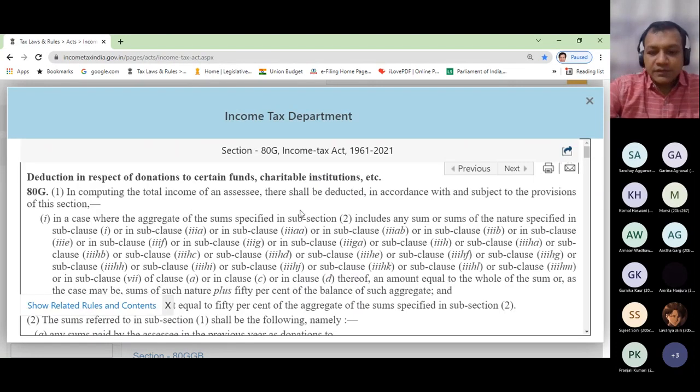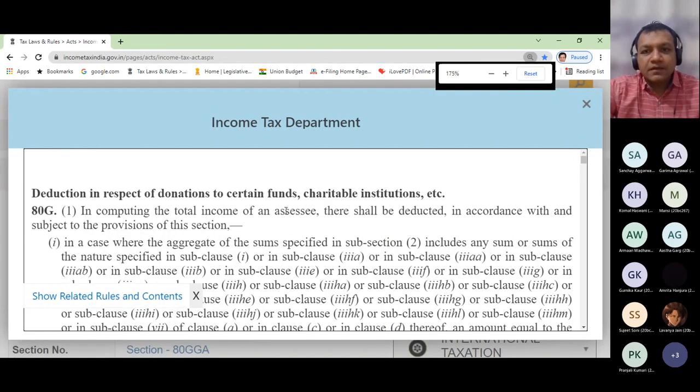I hope it is visible. Font size is also comfortable. Deduction in respect of donations to certain funds, charitable institutions, etc.